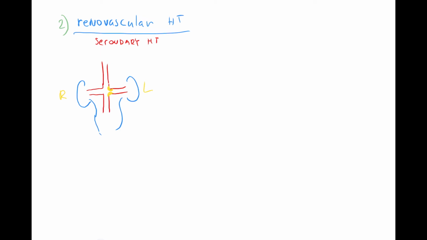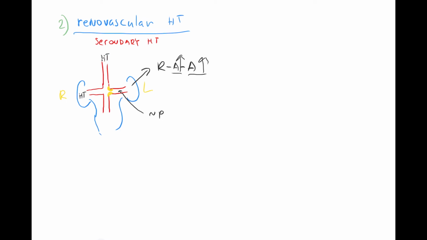And what happens? The left kidney thinks, oh, I'm not getting enough perfusion. My perfusion is decreased. Let's boost it up. I need higher pressure. So the RAA axis is activated. Basically the left kidney tries to normalize the pressure over here. But unfortunately, by boosting up vasoconstriction, sodium resorption, and water, the auto-regulation of the kidneys kind of kills the kidneys.